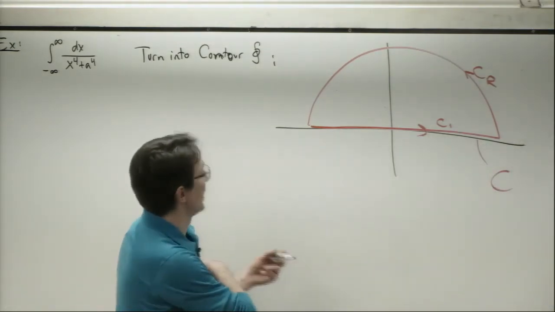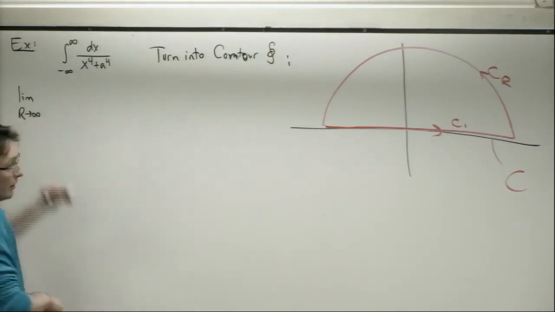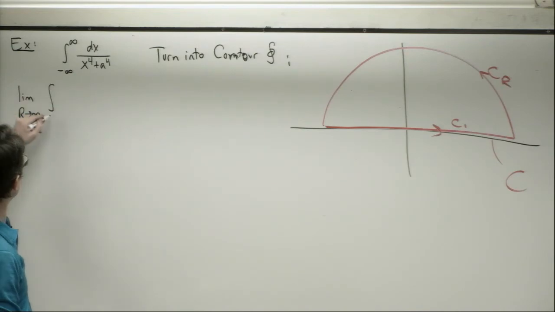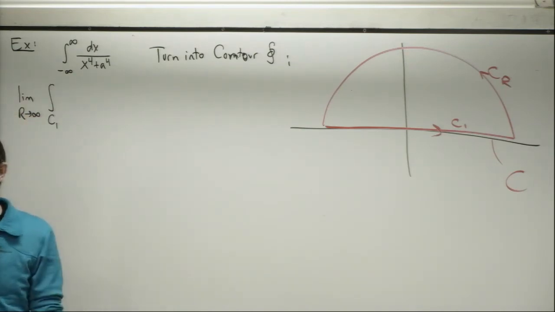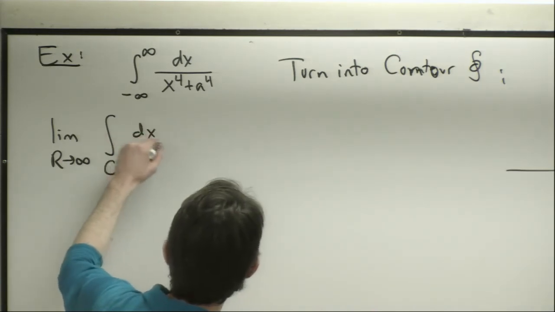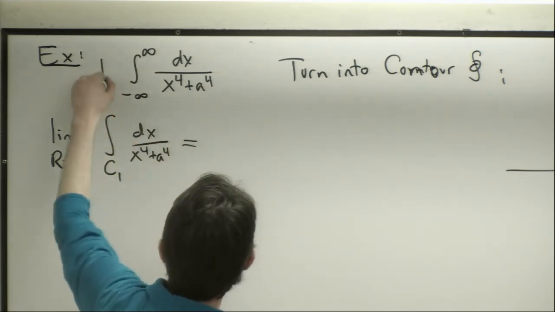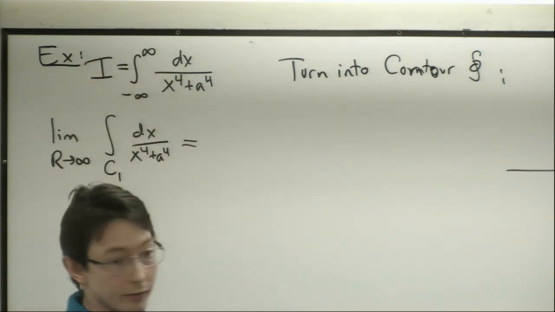And when I take the limit as r goes to infinity of the integral of C1 of dx over x to the fourth plus a to the fourth, that clearly equals this thing that I'm trying to solve.